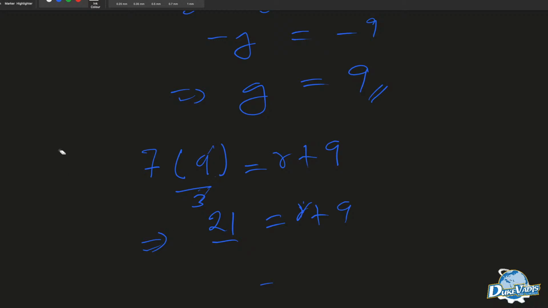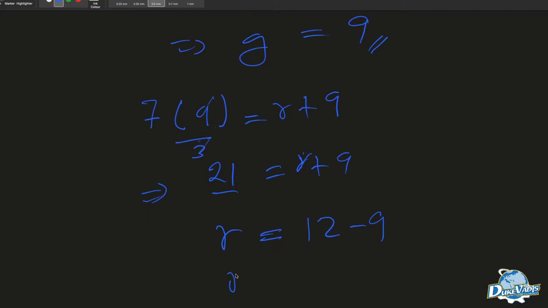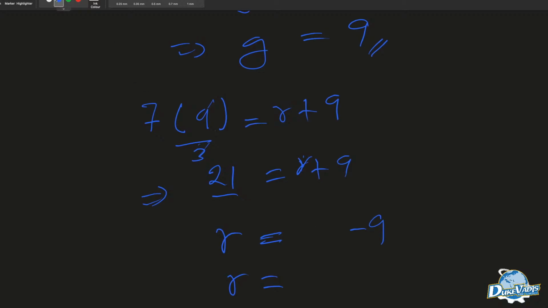R will be equal to 21 minus 9. What do we get?